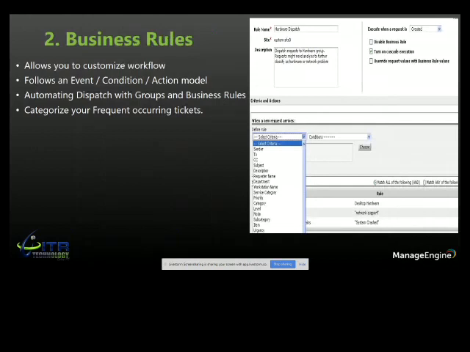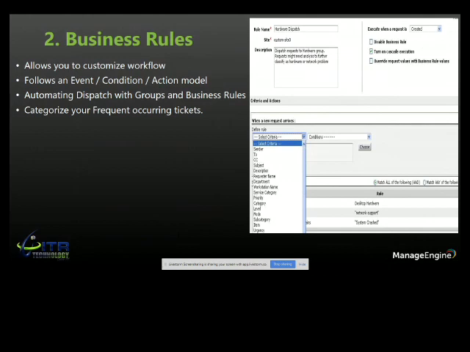The next one would be the business rules. Business rules allow you to customize a workflow so that you can execute on the specific request. Let's say, for instance, you define a rule based on a criteria, and the criteria is category is desktop hardware.